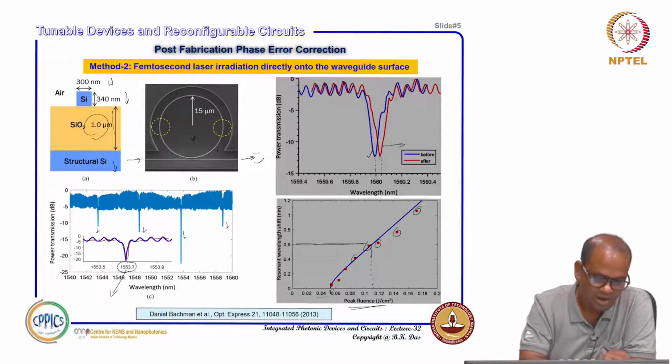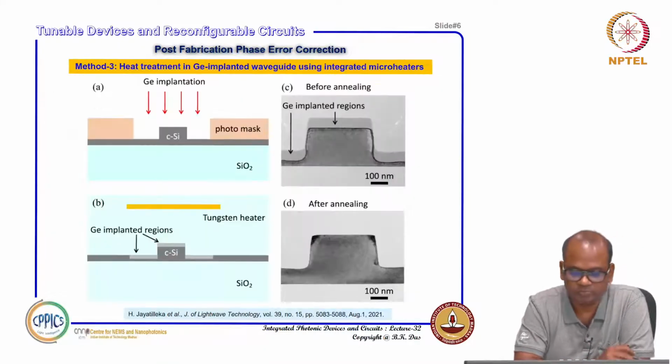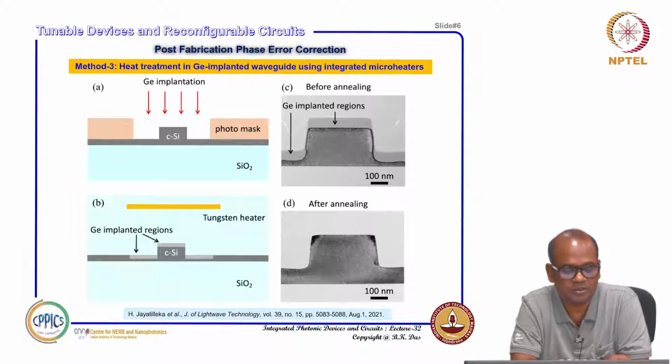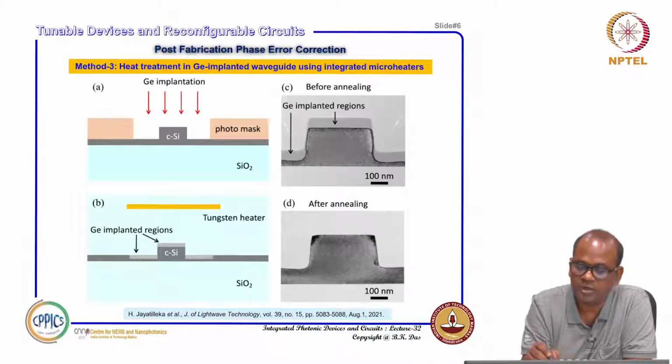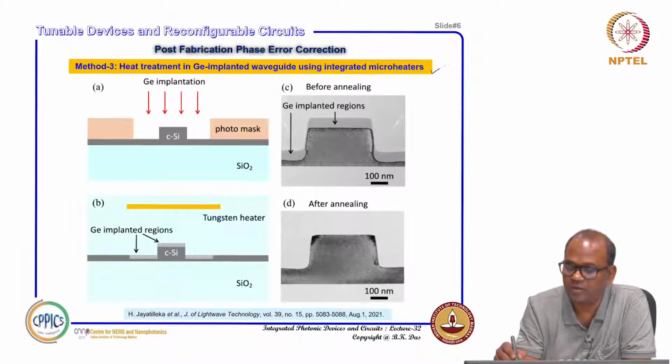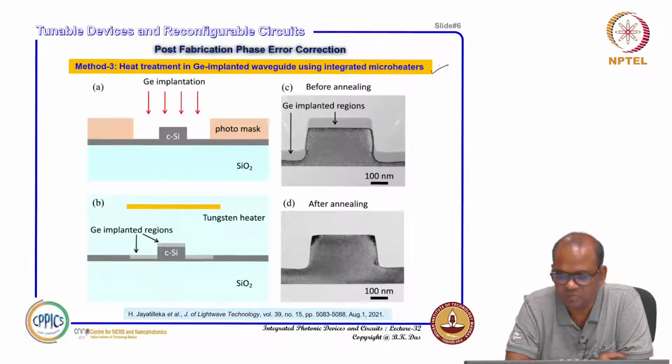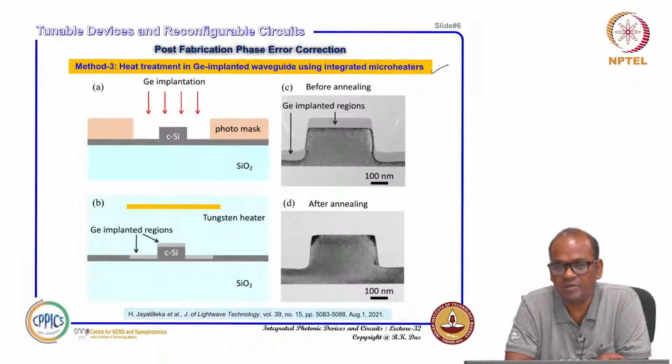Okay. And then the last one, what I said, method 3, which is heat treatment in germanium implanted waveguide using integrated micro heaters. I find this is the most attractive one and a very easy method. Everything can be done according to your demand, and all the components you can integrate during fabrication.